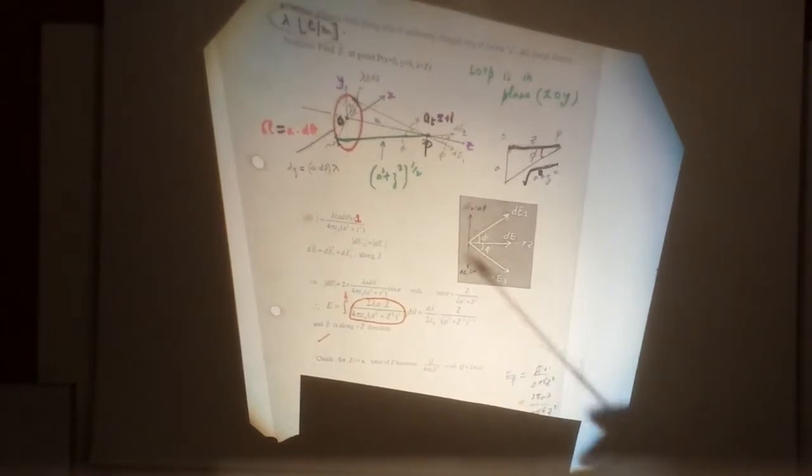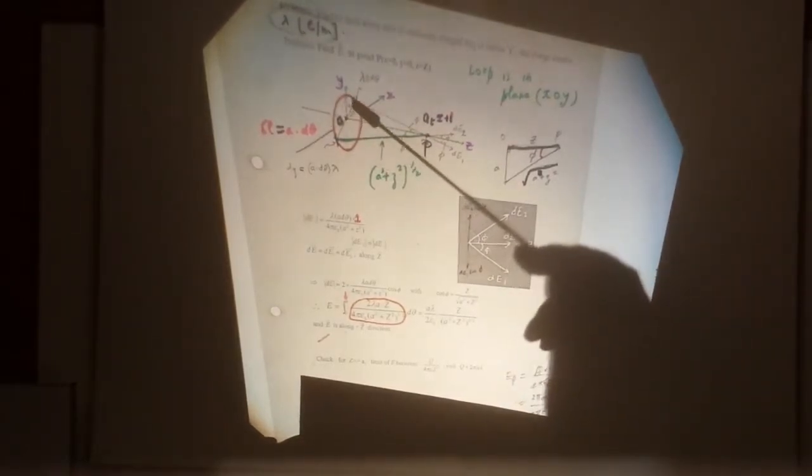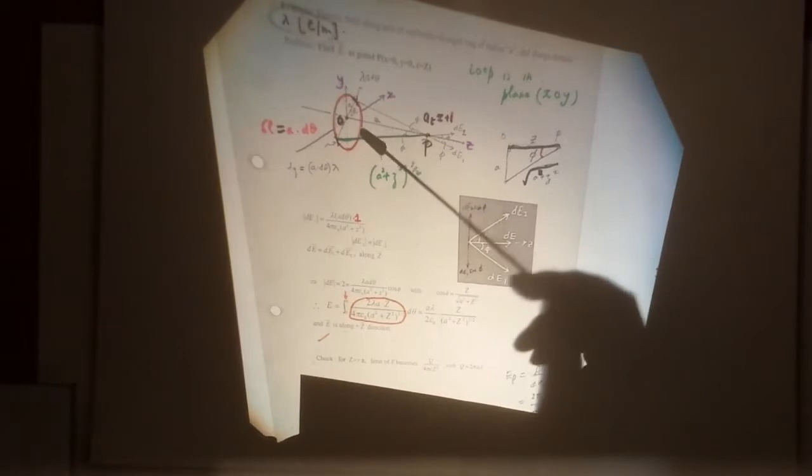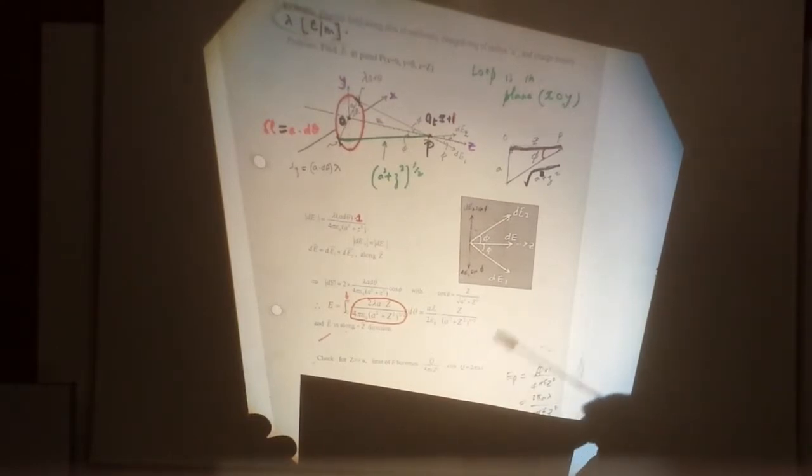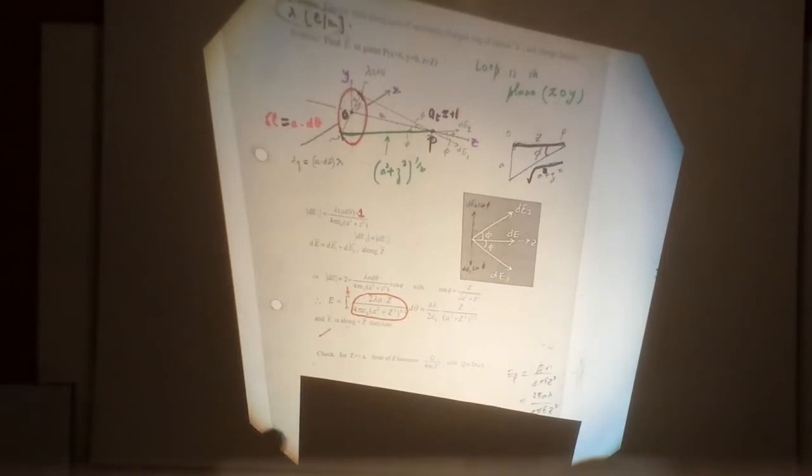So therefore, it's as if I have a point charge of strength 2 pi A lambda at a distance of Z very far away. So it is 2 pi A times lambda multiplied by 1 over 4 pi epsilon Z squared, which is here. So therefore, the answer is correct.